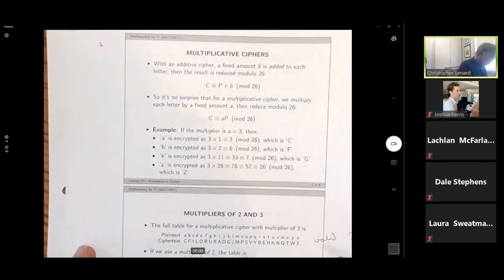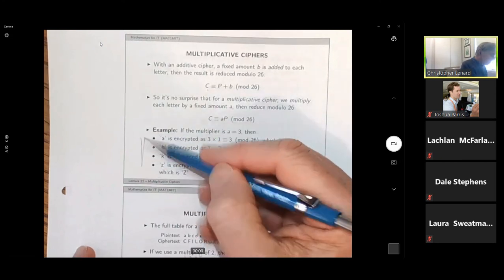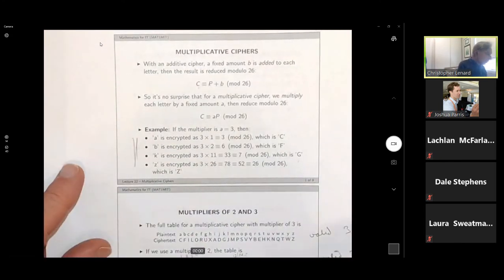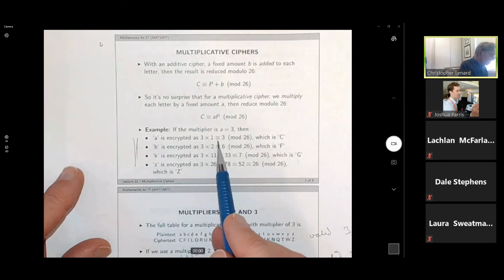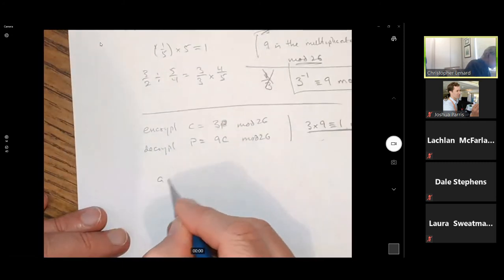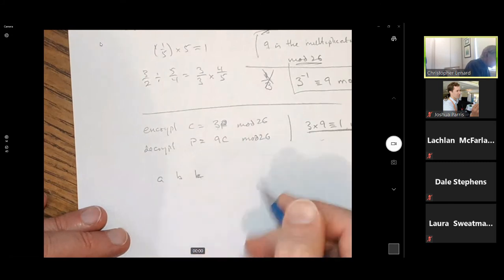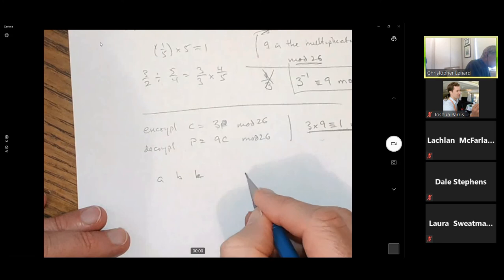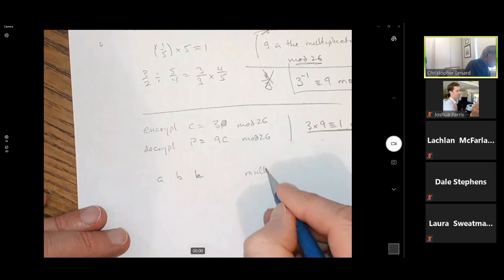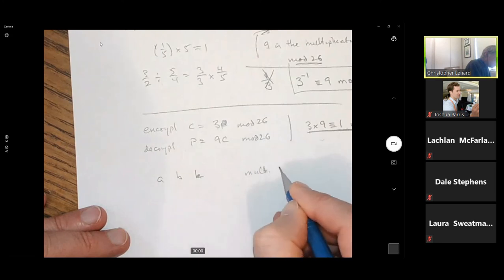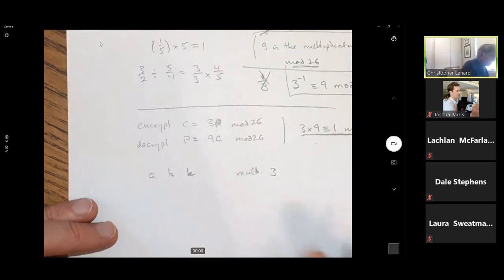Okay, let's just go back to this. ABK gets turned into CFG. So ABK. Okay, so we're going to use a multiplicative cipher with multiplier 3.